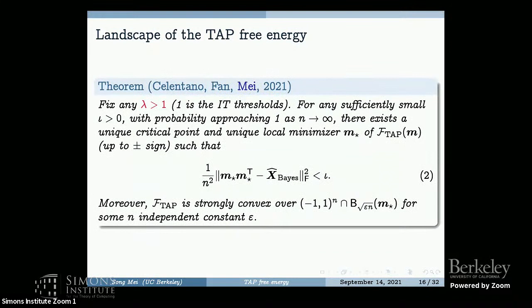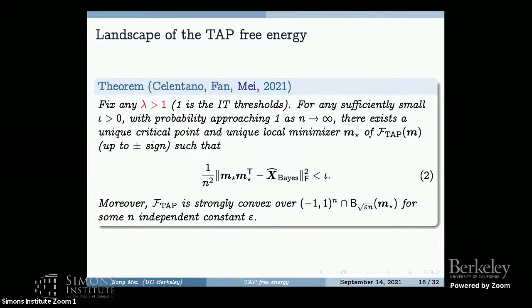Okay, so then we have this result, just to exclude bad local minimizers near the Bayes estimator. I mean, we can show that there exists a unique local minimizer near this Bayes estimator. So this is by Michael, Zhou, and me.